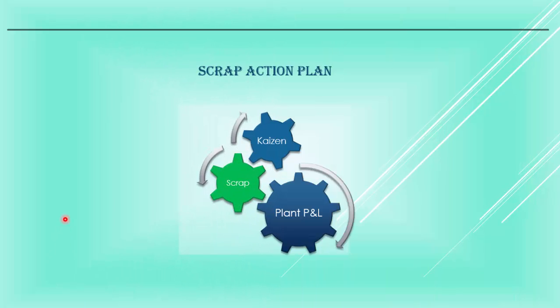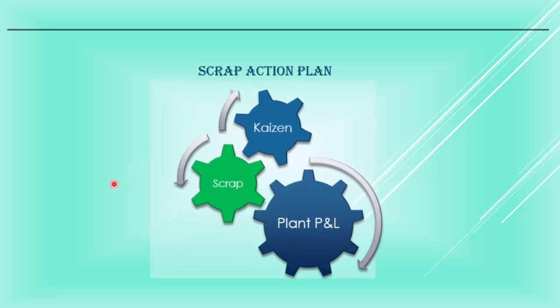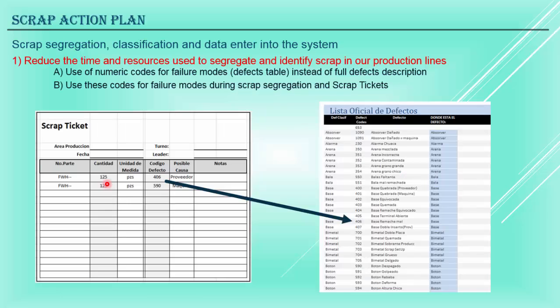Now, what is the proposal that we have? The first element will be the scrap data analysis. The first element is to reduce the time and resources used to segregate and identify the scrap in our production lines.